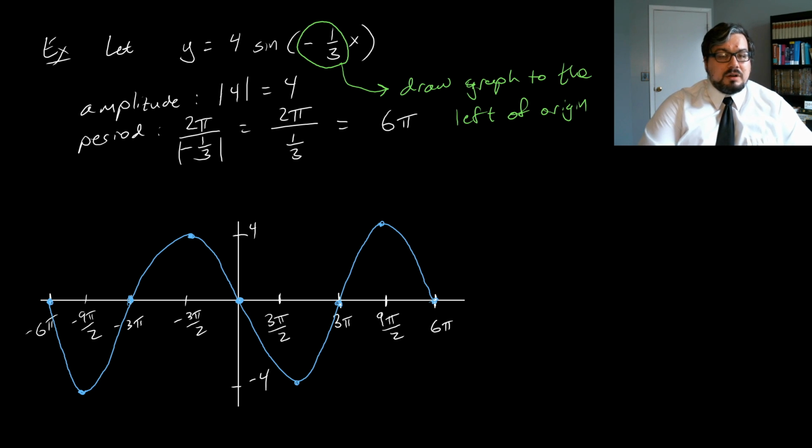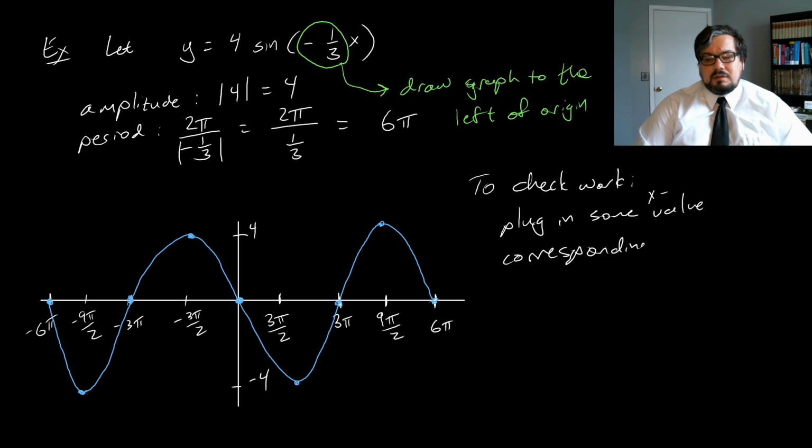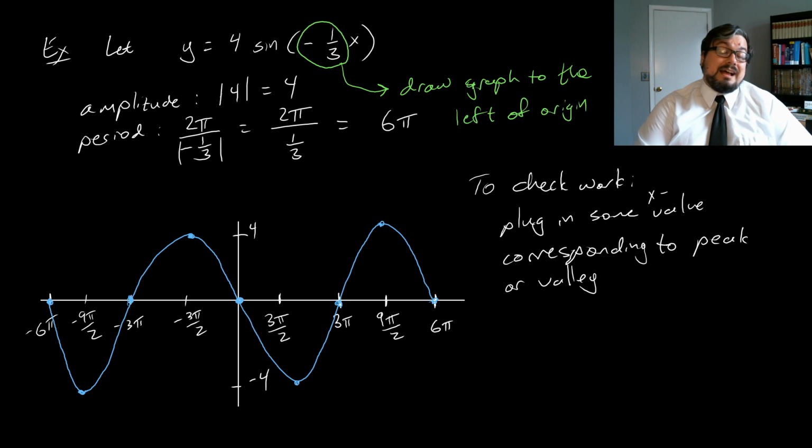So a good way to check your work is to plug in some x value corresponding to a peak or valley of the function that you've graphed, to make sure that the y value that you get out of the function matches up with the y values that you have on your graph. So you can actually pick any of these peaks or valleys, and it'll help you to determine.